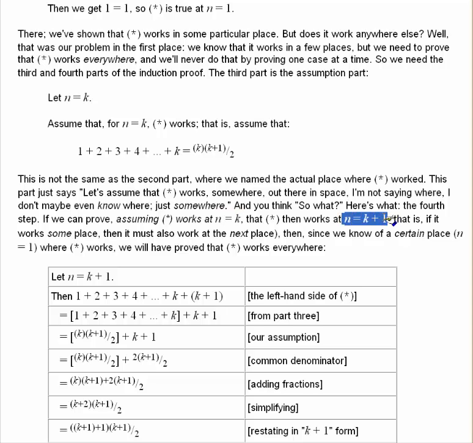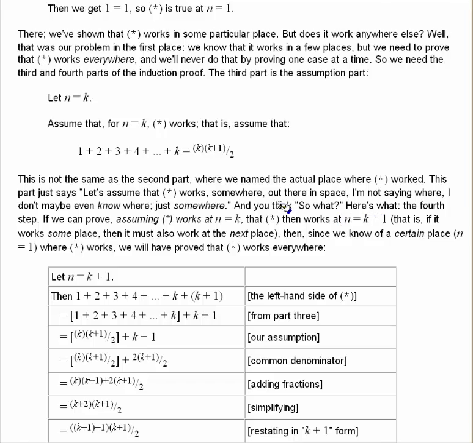So from n equals 2, we can get n equals 3. Okay. Once we have n equals 3, since we know that if n equals 3 is true, then it also works when n equals 4 is true. So you're laddering your way up through all the integers. So here's the key step. You have to assume that it works at n equals k and show that it will also work at n equals k plus 1.